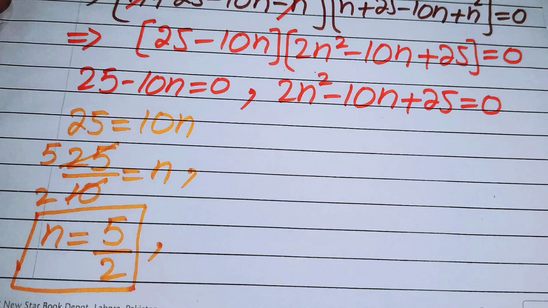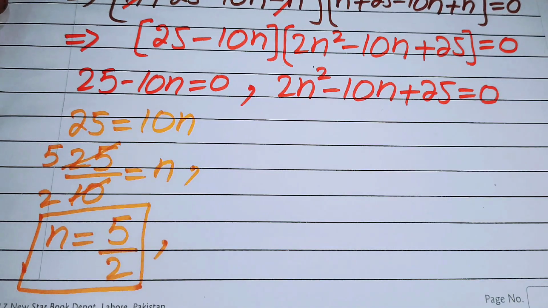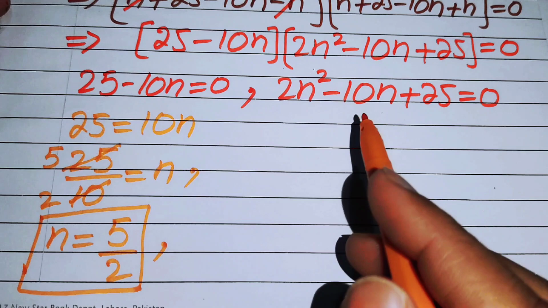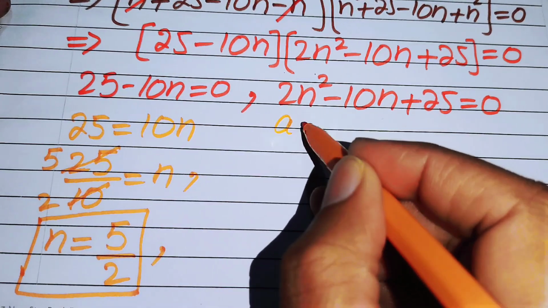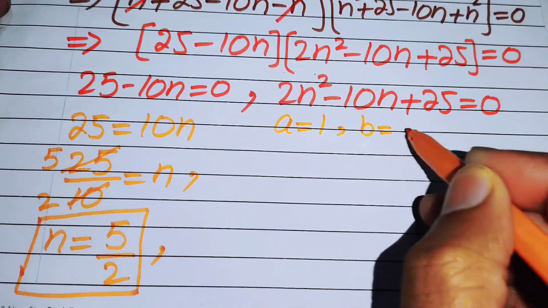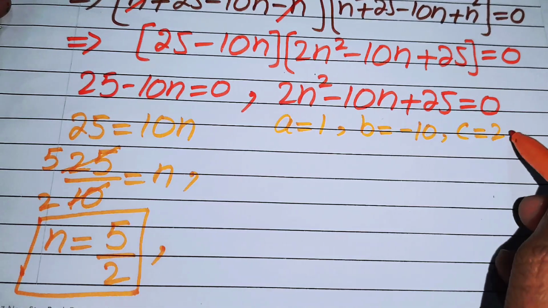Now in order to find the other roots, we can solve this quadratic equation. Here I can use the nice quadratic formula in order to find the roots of this quadratic equation. So here we have a equals 2, b equals minus 10, and c equals 25.